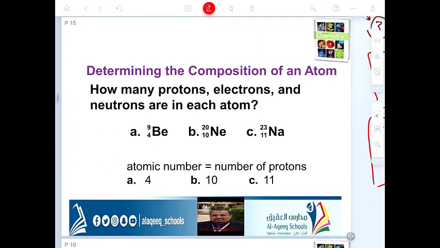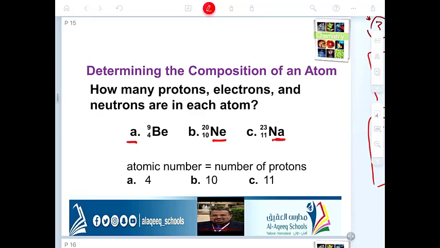Here is an exercise of determining the composition of an atom. If you have these atoms, beryllium Be-9 (atomic number 4), neon Ne-20 (atomic number 10), sodium Na-23 (atomic number 11), how many protons, how many electrons, and how many neutrons in each? So easy.